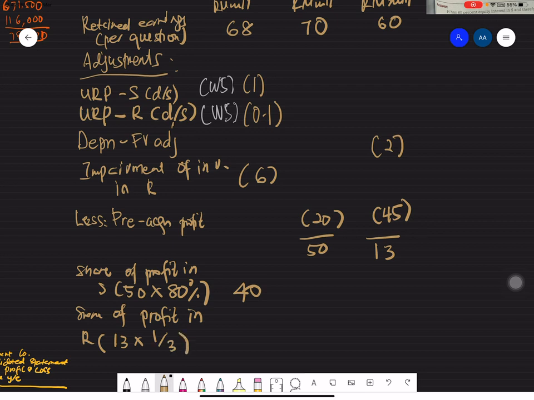So 13 times 1/3 is 13 divided by 3, 4.33.